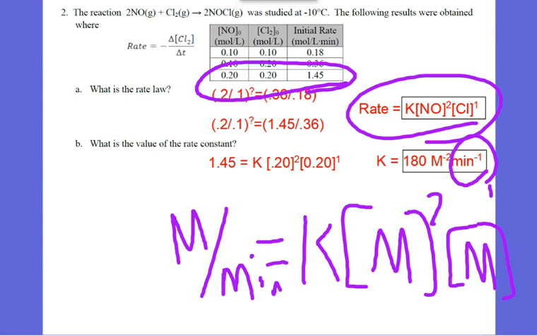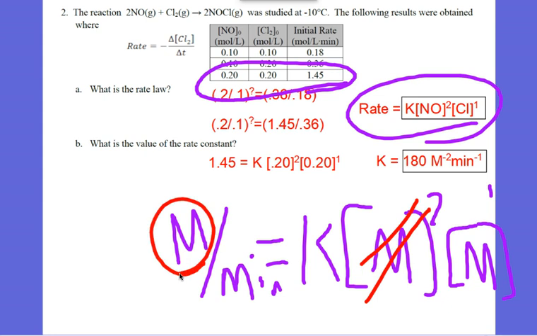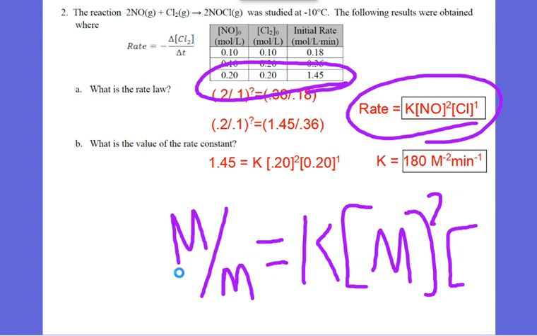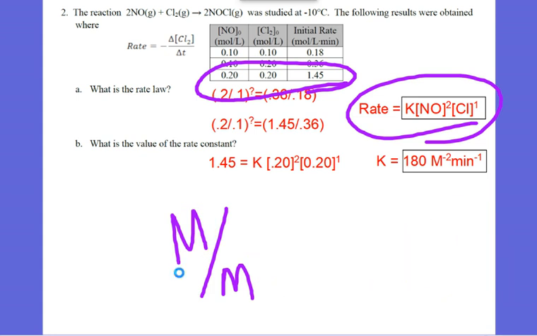It's minutes to the minus 1. And then the other thing K has to do is cancel out 2 of the molarity units to make just 1 in the answer. So it ends up being 180 molarity to the negative 2, minutes to the negative 1. And there you go.